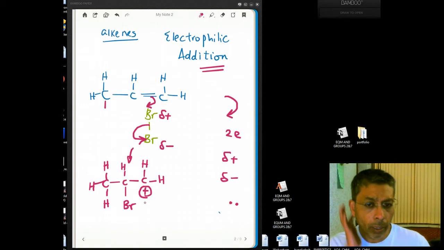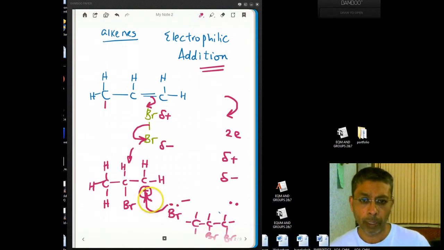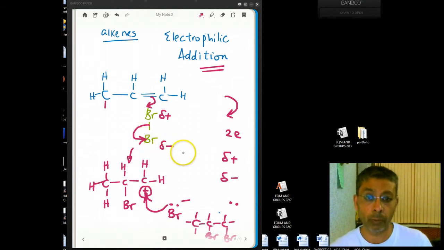Okay, so we have a positive charge on this carbon atom, and then the Br minus that was formed will then go on to attack that positive carbon to make our product. 1, 2, 3, and we've got Br and Br there. Okay, I won't draw all the hydrogens in, but you've got the essential procedure for how the mechanism works. Okay, that's addition of bromine.